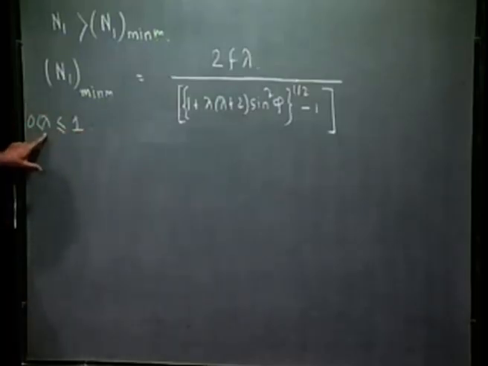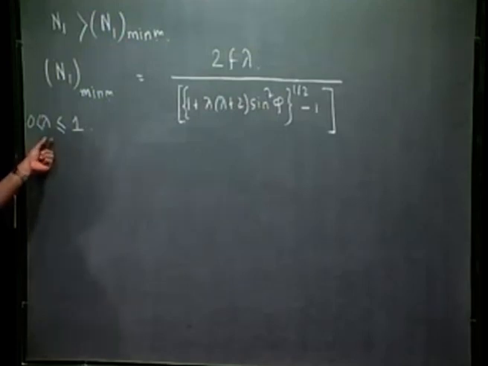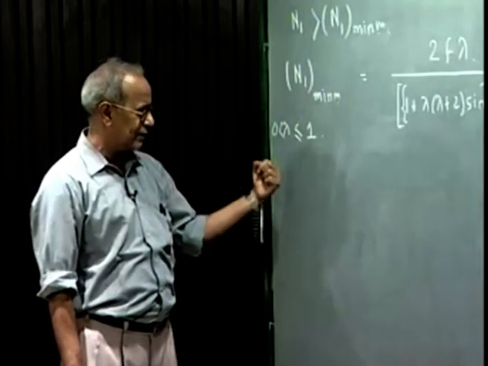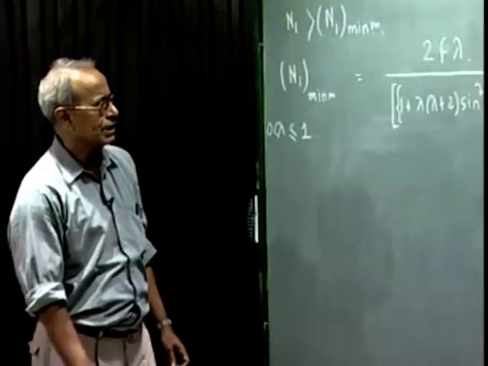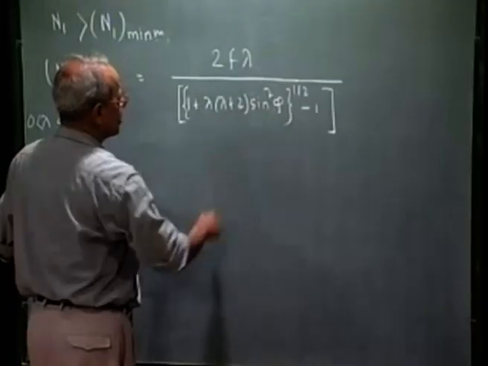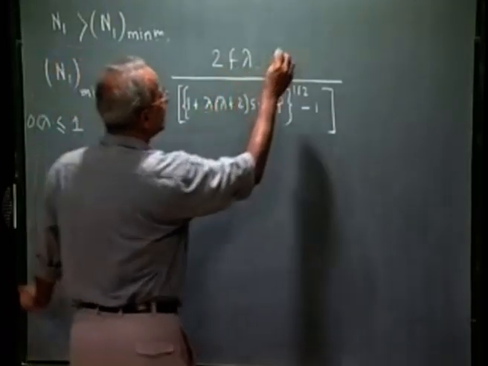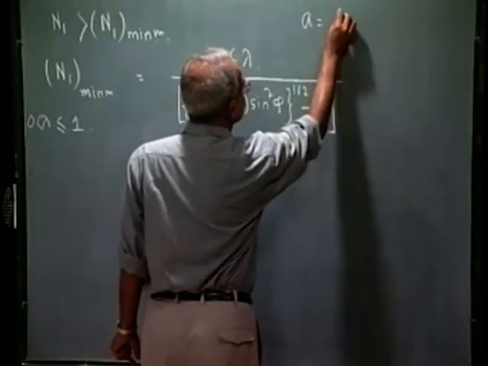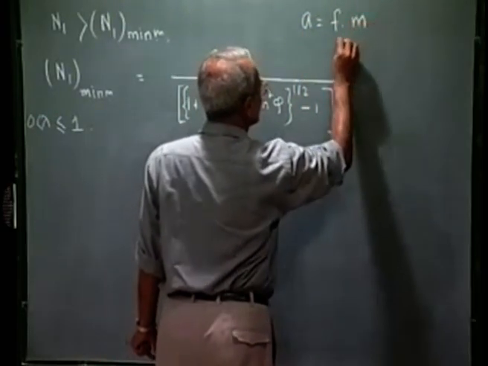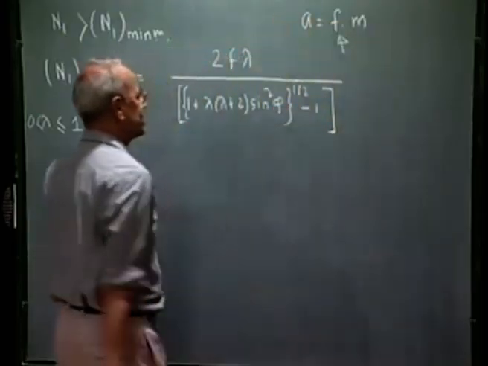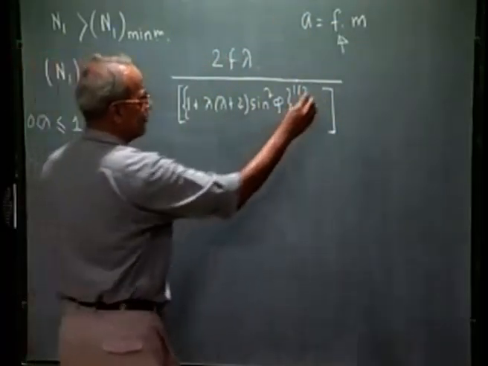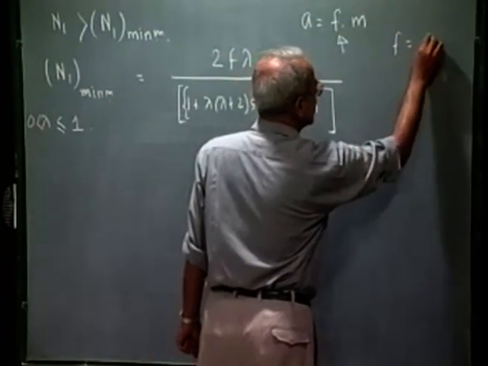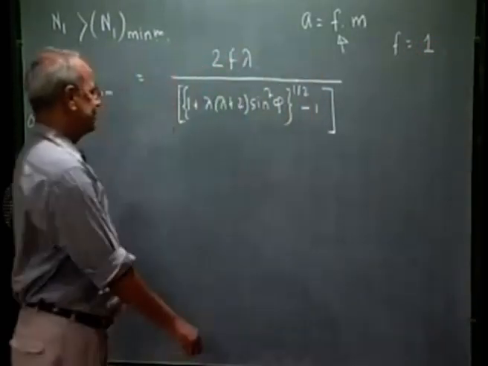We always define lambda as less than 1, that is the slower angular velocity divided by the faster angular velocity, and phi is the operating pressure angle. What is F? F is the addendum expressed as a constant fraction of the module. It is this constant fraction F. F is normally 1 unless otherwise stated.